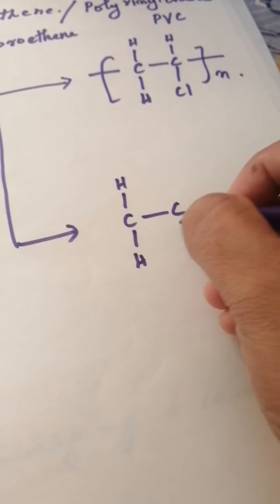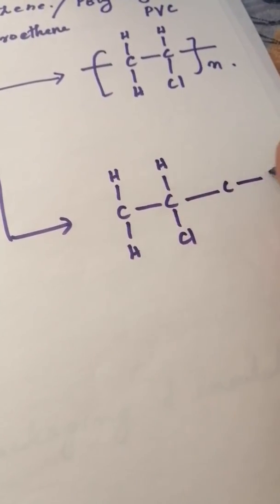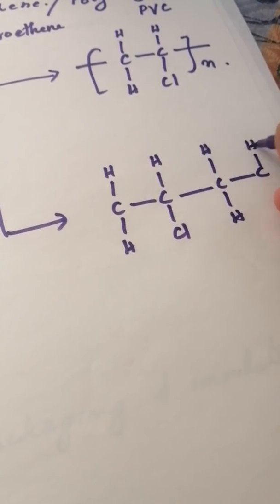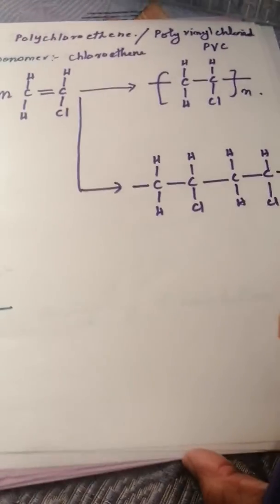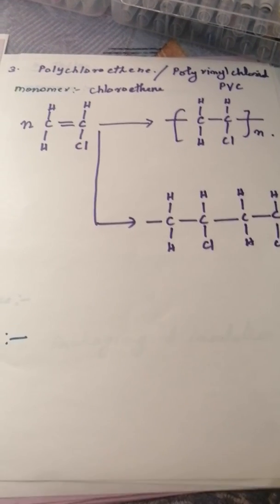There is no need for n. It is the same technique. Leave the ends open. Okay, so polychloroethene, this is how we do it. I have done this in class, I do remember that, but I'm just giving you a revision again.